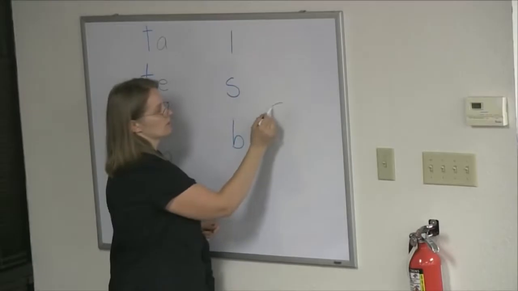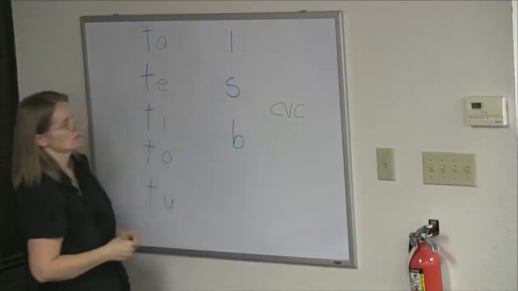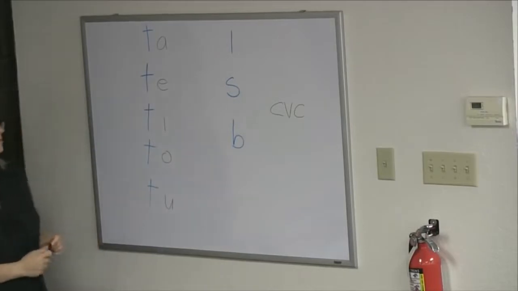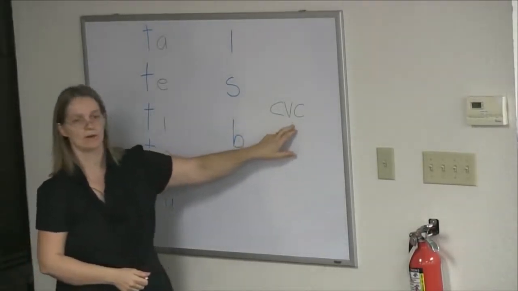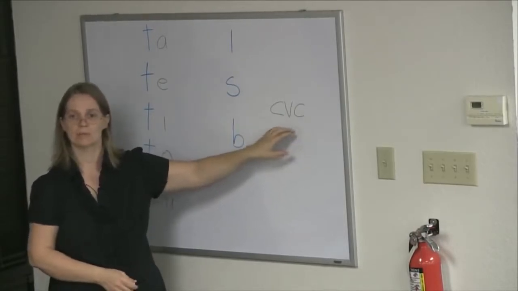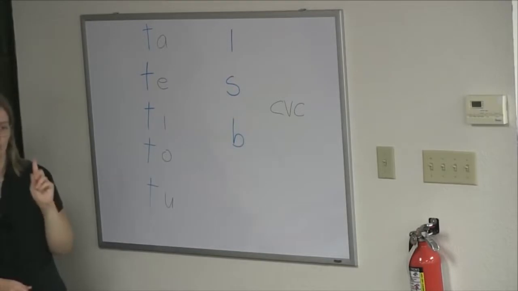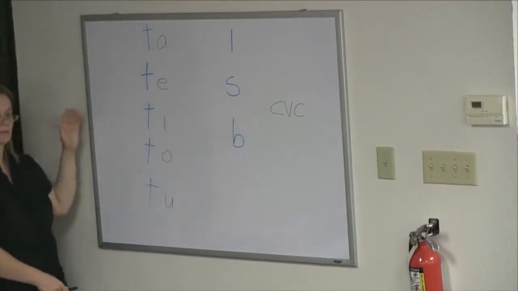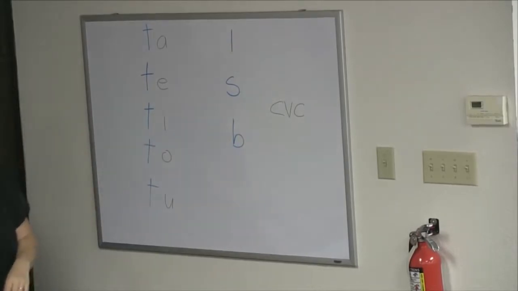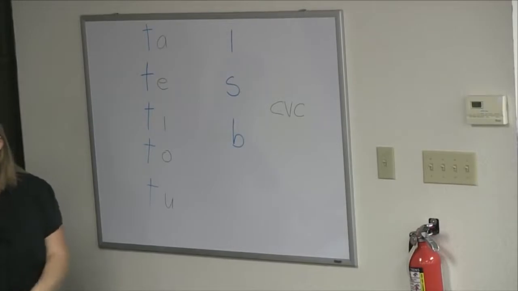And we call those words CVC words. Those are consonant, vowel, consonant words. Now, in a CVC word, there's only one vowel. And that brings up the one vowel rule. When a word only has one vowel in it, that vowel usually says its short sound, which now goes back to the short sounds we talked about: a in apple, a in elephant, I in Indian, o in ostrich, u in umbrella.